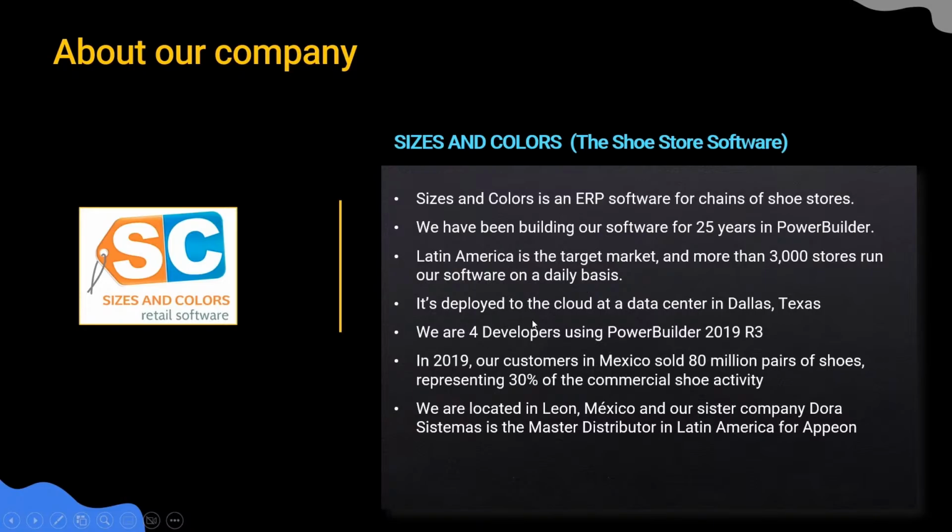It's deployed to the cloud at the data center in Dallas, Texas, and we are four developers using PowerBuilder 2019 R3. And in 2019, our customers in Mexico sold 80 million pairs of shoes, representing 30% of the commercial shoe activity. We are located in León, Mexico, and our sister company, Dora Sistemas, is the master distributor in Latin America for Appeon.